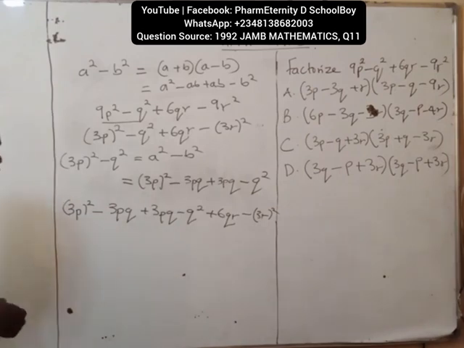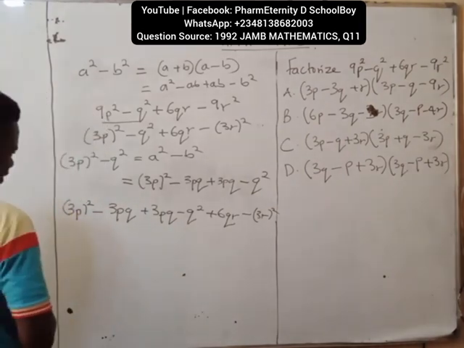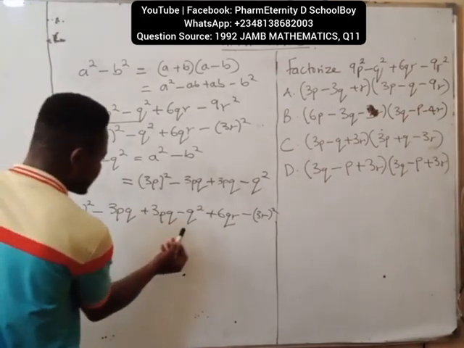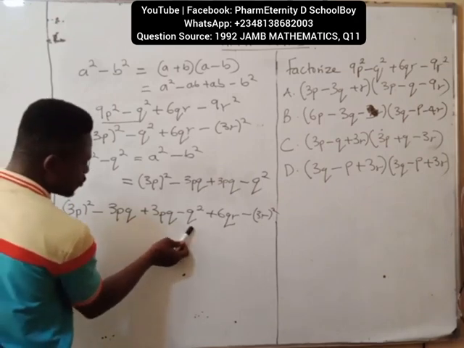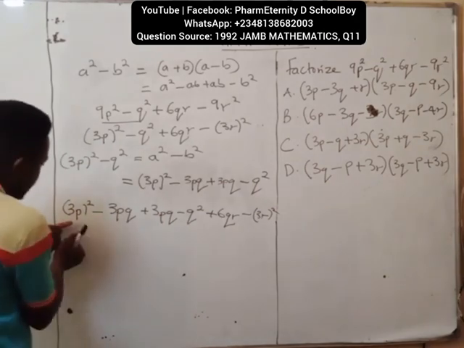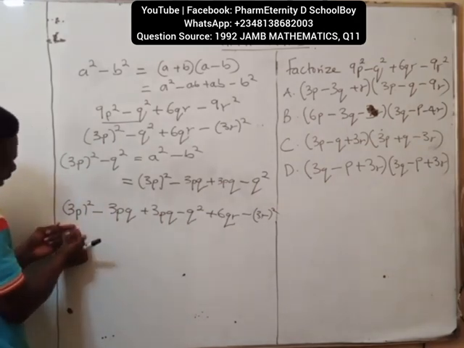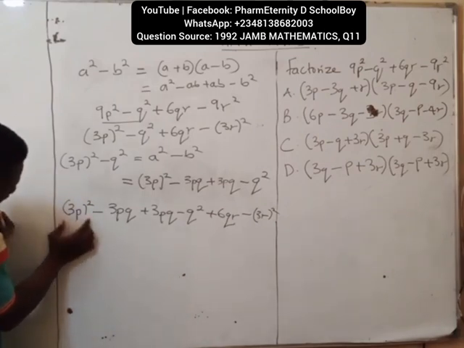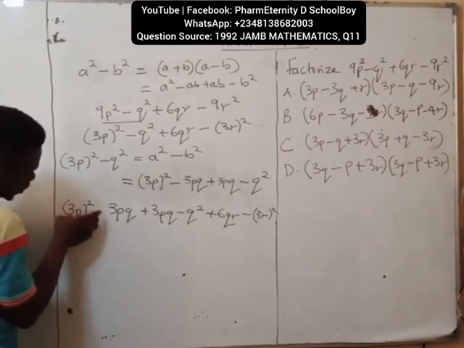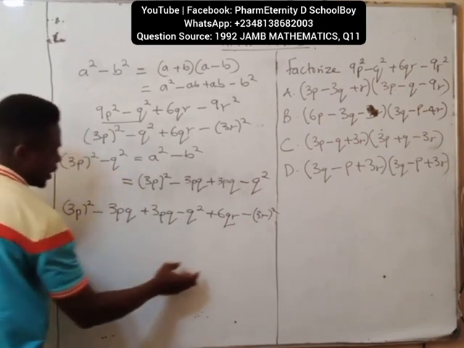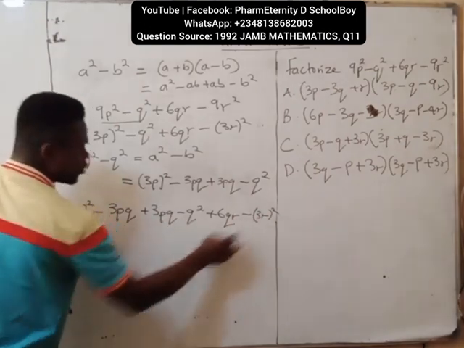Now, if you look closely, you will realize that we have minus q squared here and we have minus (3r) squared here. We still have our (3p) squared.